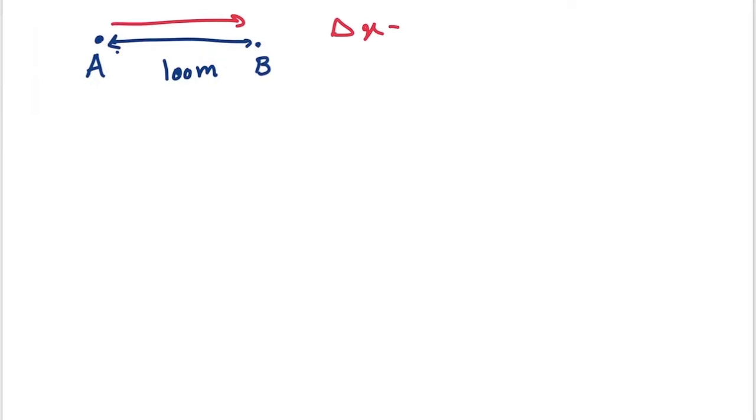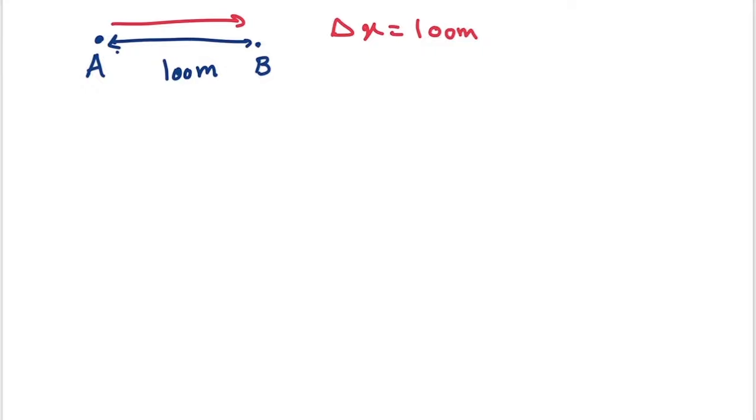So let's say this is point A and this is point B. And I want to go from point A to point B, and the distance between these two is 100 meters. So if I go straight from point A to point B, my displacement is 100 meters.